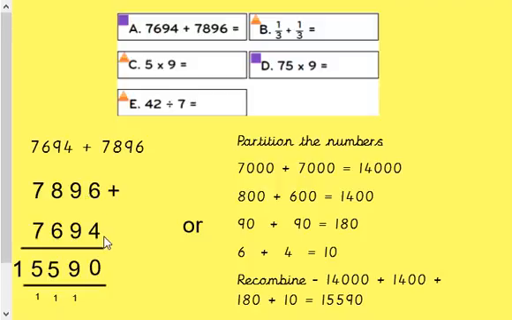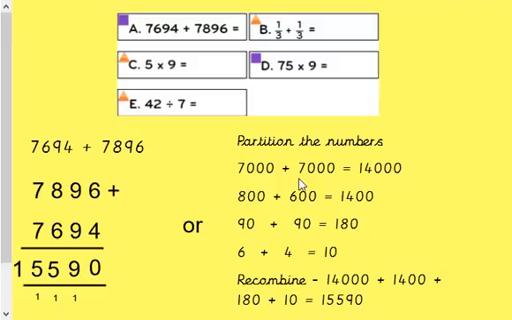Now we could do straightforward column addition, abstract method, and most of you will use this method, I'm sure. 6 plus 4 would be 10, and we would have to carry the 1 across. 9 plus 9 would be 18, and then add the 1 would be 19, and we'd have to carry the 1 across to the next column. 8 plus 6 would be 14, plus 1 would be 15, and again we have to carry the 1 across. 7 plus 7 would be 14, plus 1 would be 15. So our answer then would be 15,590.